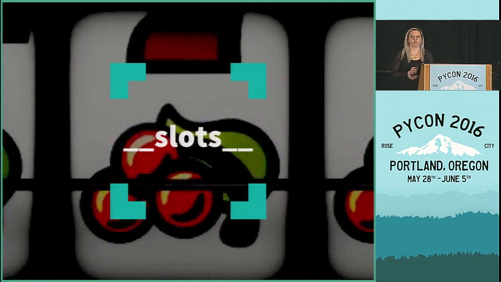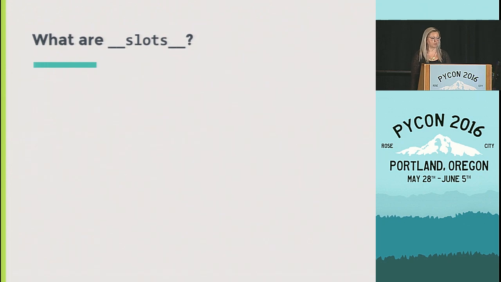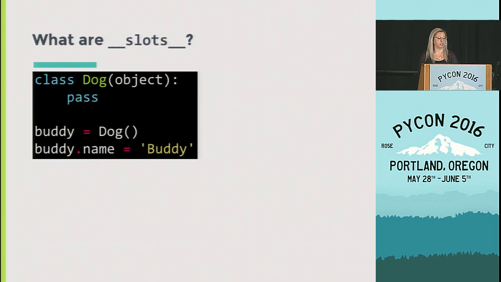One strategy that we can use to improve our memory usage is called slots. So what are slots? We know that every Python instance contains a dictionary of its names and values.